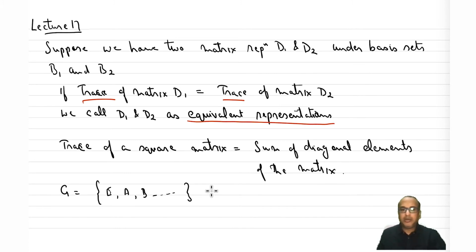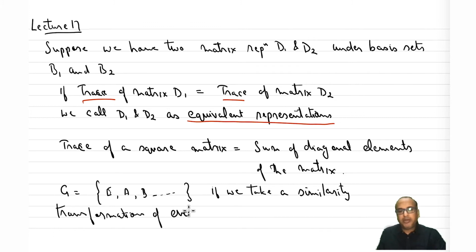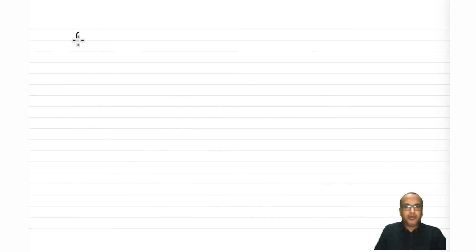Now if we take every element under G and transform it by some other matrix called Q, in that case we can write Q inverse A Q will be equal to, let's call it as A prime. Similarly, Q inverse BQ, let's call it as B prime, and so on.